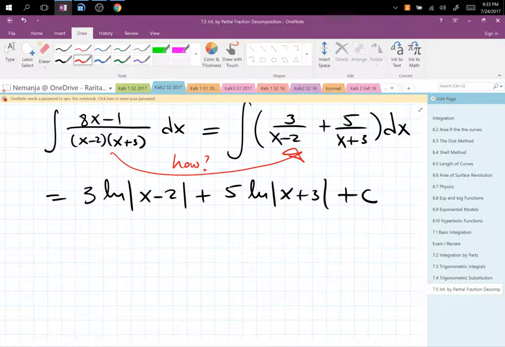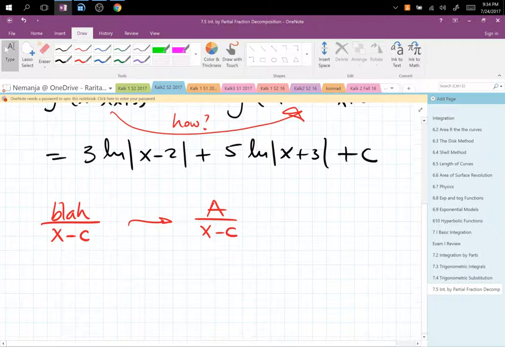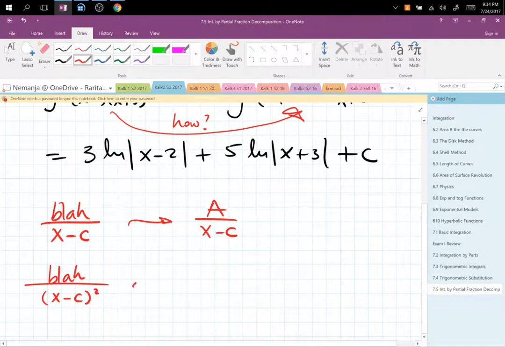So I abbreviate a little bit by writing blah over x minus c. That's the linear part. The setup is going to look like this. It's never important what's in the numerator, which is the reason why I write blah. And it also helps you remember because it's funny.